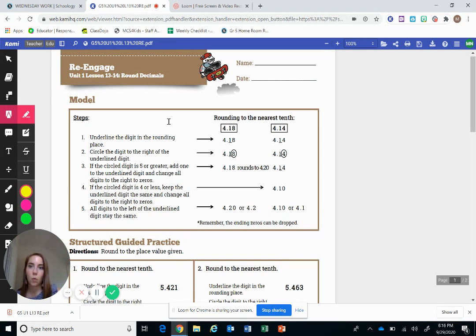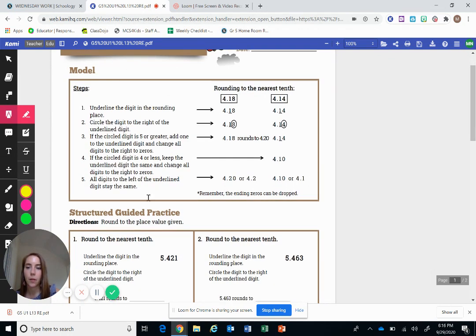So this is rounding with decimals like we have worked on Monday and Tuesday. We'll go ahead and read the steps first. First, we need to underline the digit in the rounding place. Then we circle the digit to the right of the underlined digit, like we say, we circle the neighbor. If the circled digit is 5 or greater, add 1 to the underlined digit and change all the digits to the right to zeros.